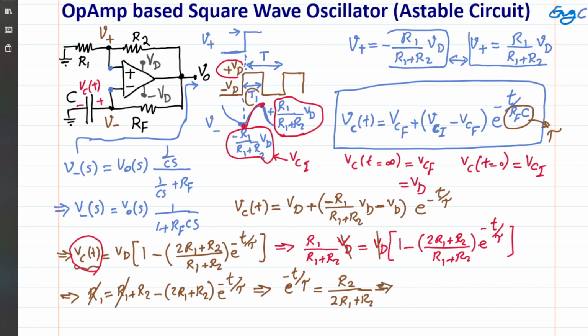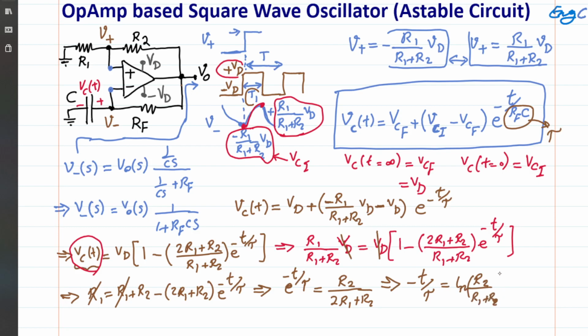Okay, let's take ln, the natural logarithm of both sides. Let's do that just to get rid of the exponential, so it gets to the linear domain here. So it becomes negative t over tau, getting rid of e, is now ln of R2 over R1 plus R2.